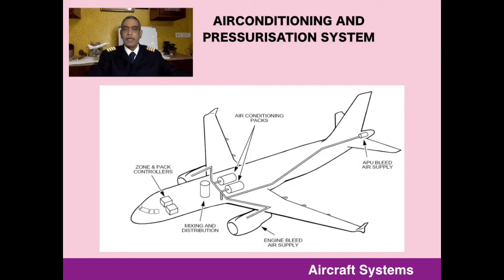Only a very small portion of this heated air is tapped from the compressor of the engine and routed to the packs, and thereafter it is cooled and then distributed all over the aircraft through different ducts. So that is in short the air conditioning system.